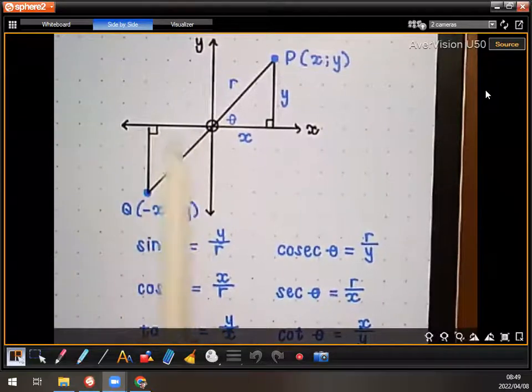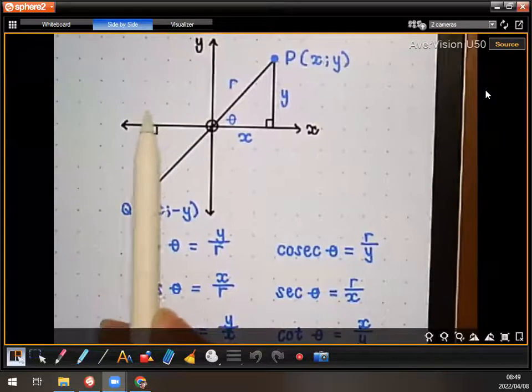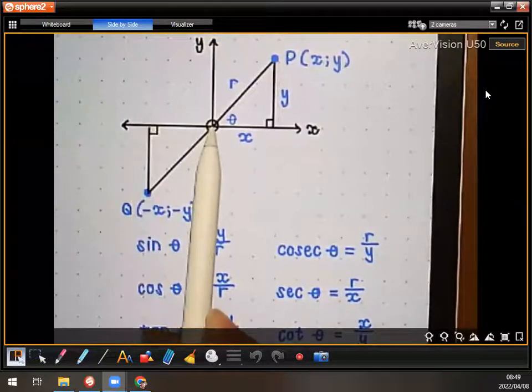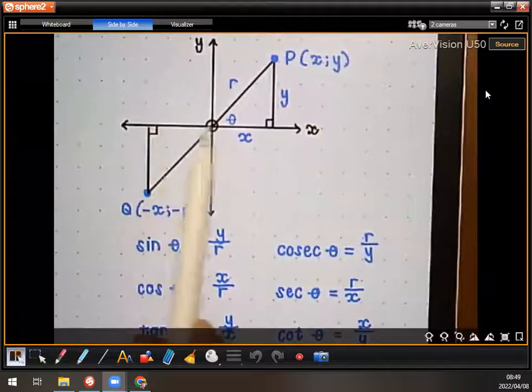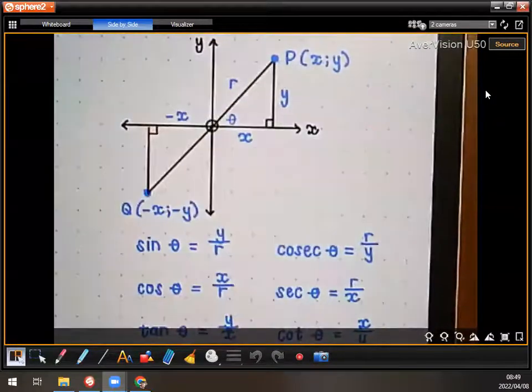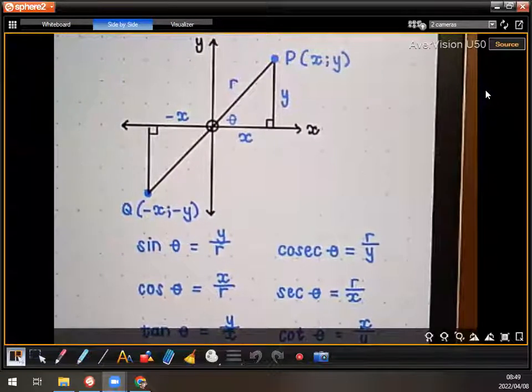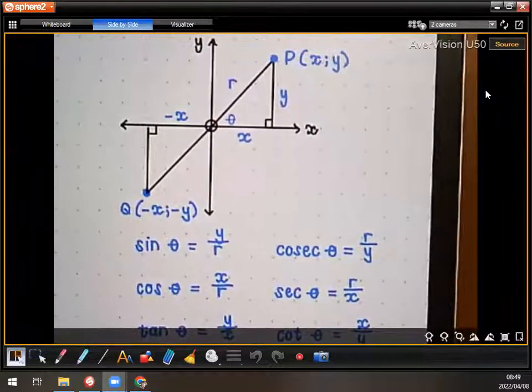Say this had an x value of -2. Then the length would go from 0 to -2. Do we agree that the length would be 2 units? But on your triangle, because we're working in the Cartesian plane, you would have to write -2, not just 2, right? You would have to actually indicate that negative value.